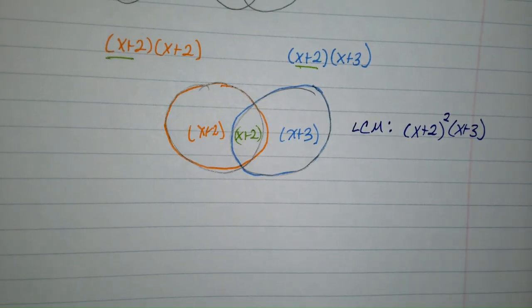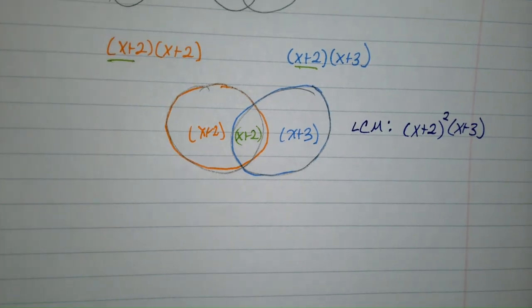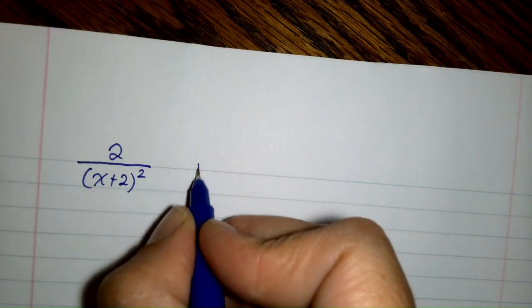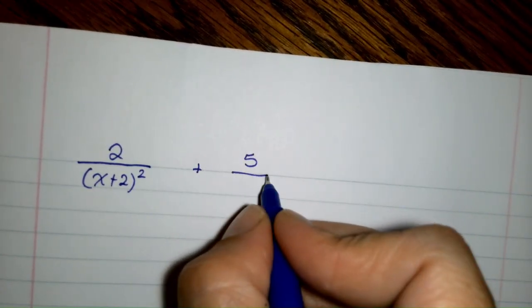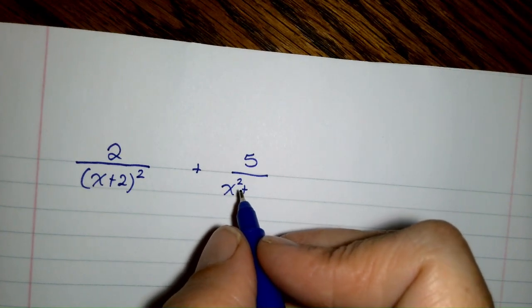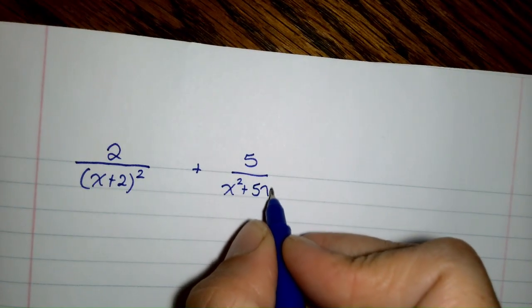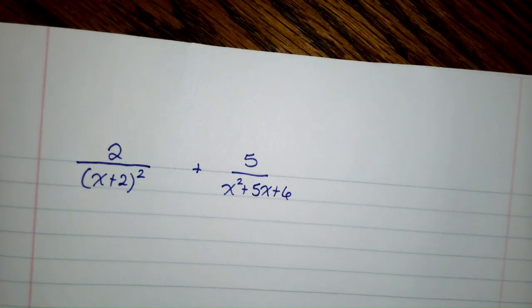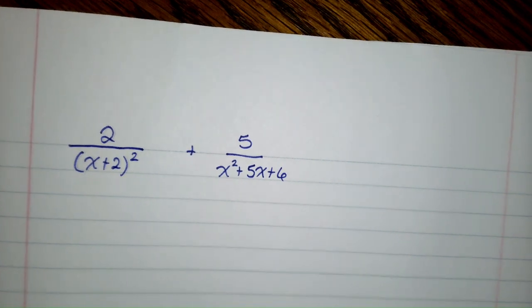So now I'm going to give you an adding problem. Two over x plus 2 quantity squared plus 5 over x squared plus 5x. If you'll notice, those denominators are the two things I just gave you to practice finding the LCM, right?